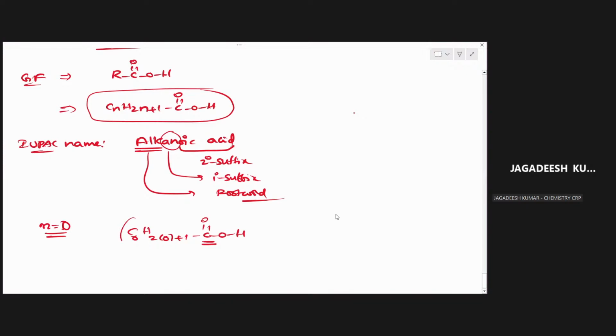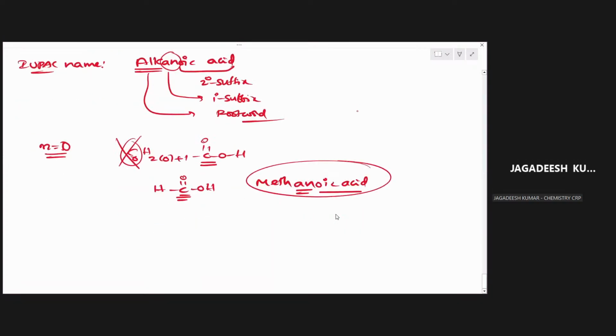So here C0 means no carbons, H1, so H, CO, OH. How many carbons are in this compound? One carbon. So meth is the root word, ane is the primary suffix, and oic acid is the secondary suffix. So methanoic acid. Actually, a common name also exists: formic acid is the common name. This is the IUPAC name, and this is the common name.